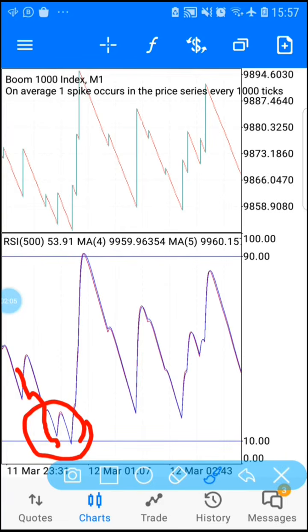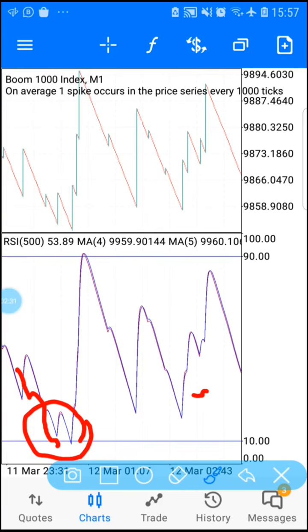It came and it touched that 10 level. Now if you look, you might be like, but it doesn't look like it touched it. It actually did. Then it spiked up, then it came back. So it actually touched that 10 level, right? So what we want to look for is for this moving average to come and touch our 10 level.